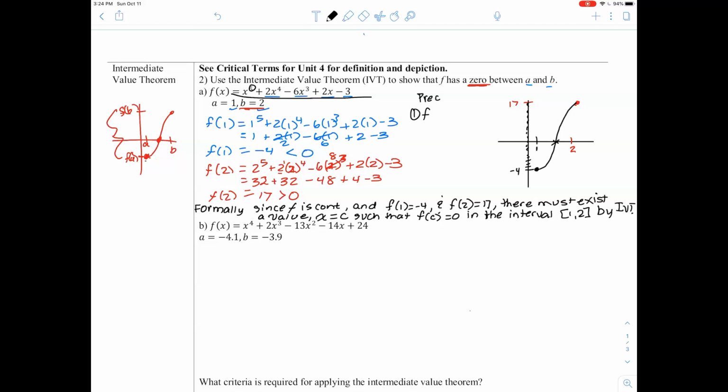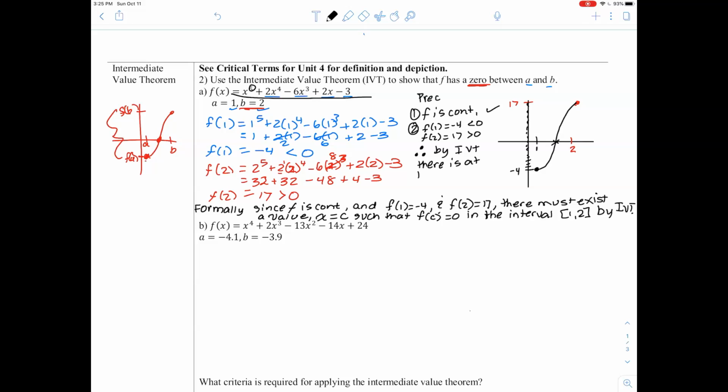1, f is continuous. Check. 2, the f of 1 is -4, which is less than 0. And the f of 2 is 17, which is greater than 0. Therefore, and that's the 3 little dots right there, say therefore, by the intermediate value theorem, there is a 0.